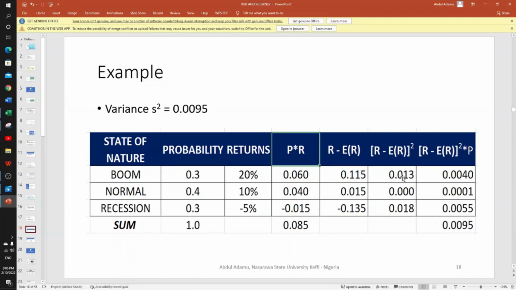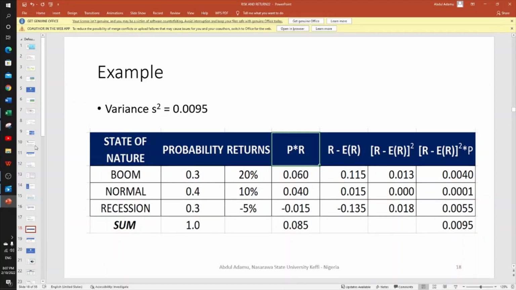Then each of these values will be multiplied by the respective probability. This times this will give us this. This times this will give us this. This times this will give us this. So once we add all this, the sum 0.0095 is our variance of a single asset.